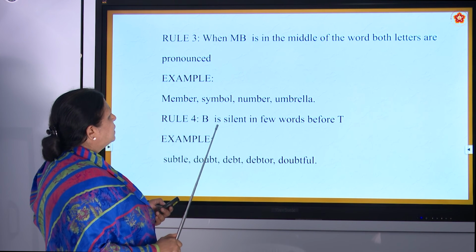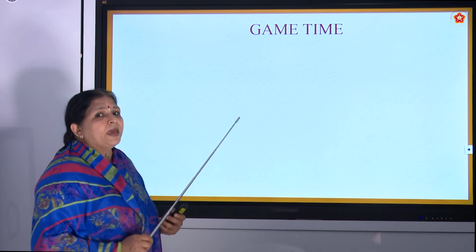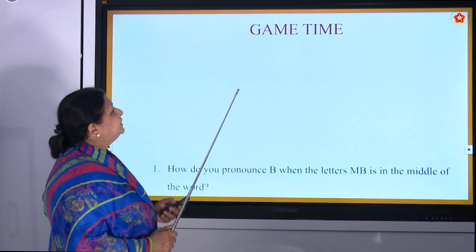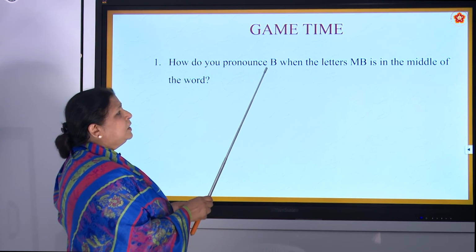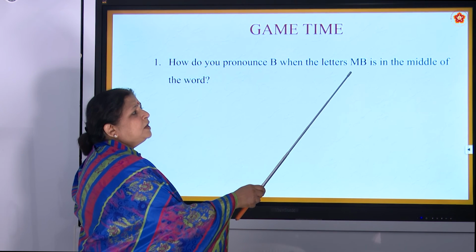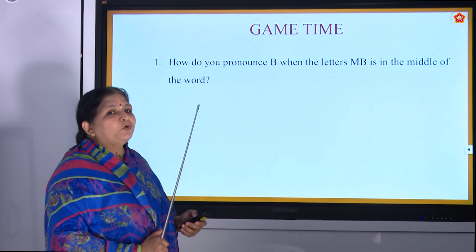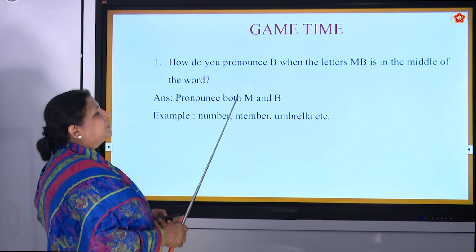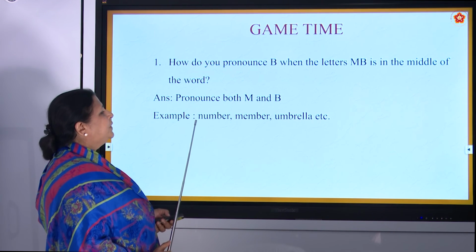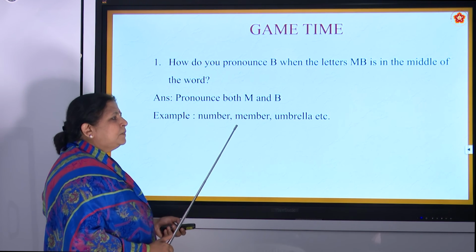So, I hope you have understood all the rules. Yes. Now, we will go to the games. Okay. Now, let us see what is the first one. How do you pronounce B when the letters MB are in the middle of the word? Do you remember what the rules are? Yes, very good. Pronounce both M and B. Example, number, N-U-M-B-E-R, number.